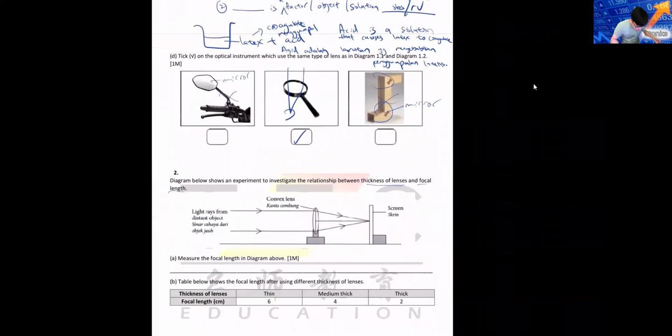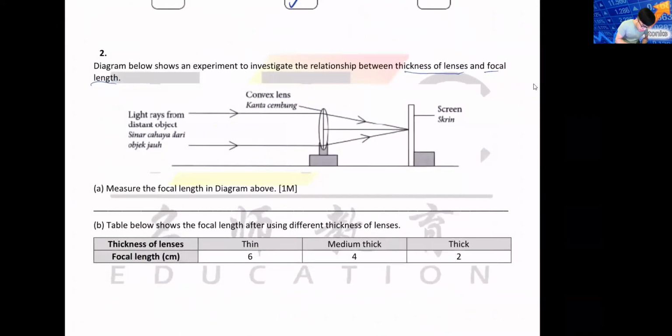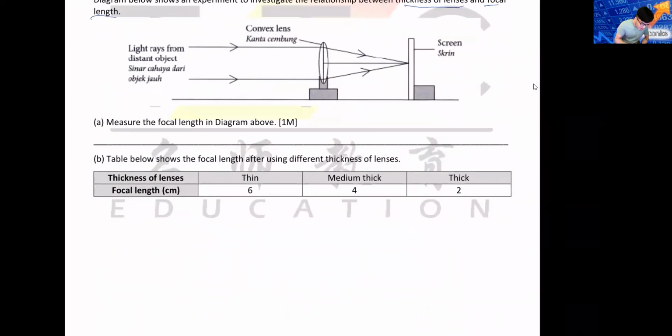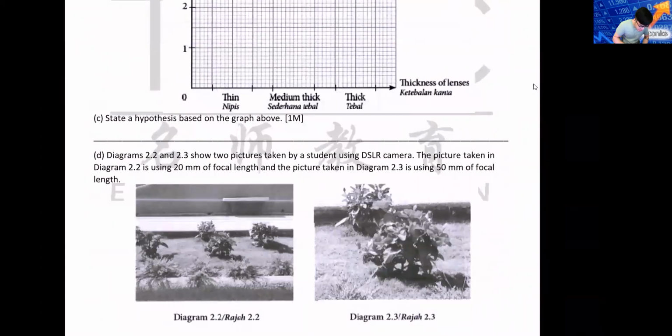Let's go to question 2. The diagram below shows an experiment to investigate the relationship between the thickness of the lens and focal length. Same question. Let's skip this. You see thin lens, longer focal length; thick lens, shorter focal length. Same question. Whatever. Let's skip this.